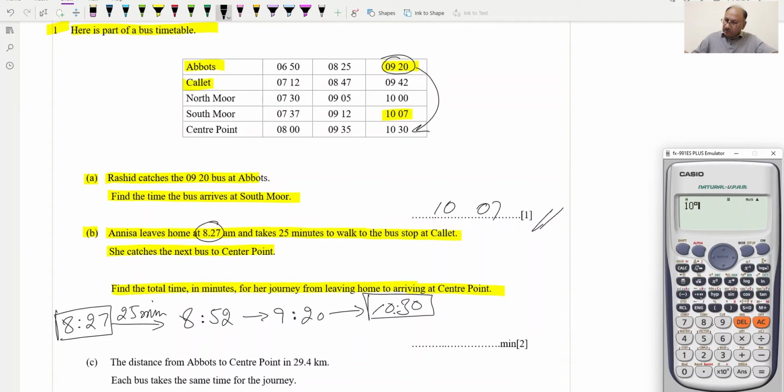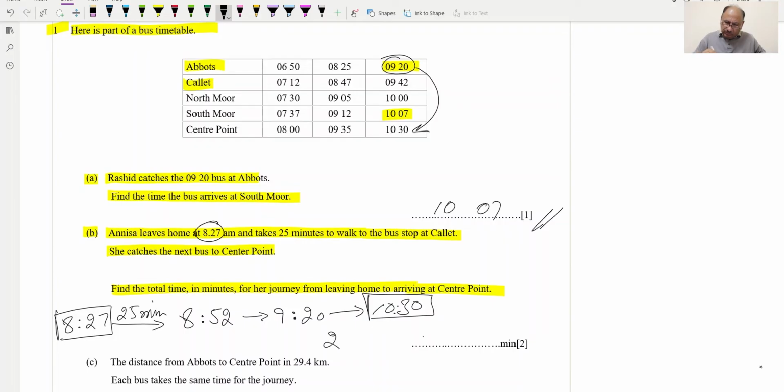So 10 hours 30 minutes minus 8 hours and 27 minutes, and the difference is 2 hours and 3 minutes.